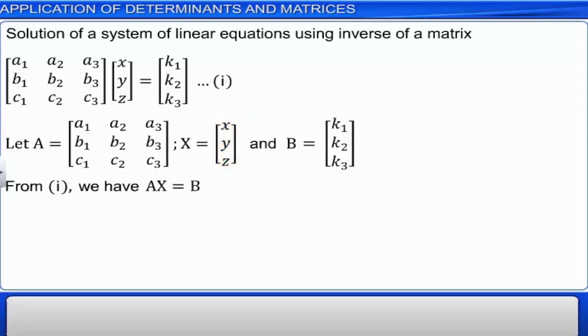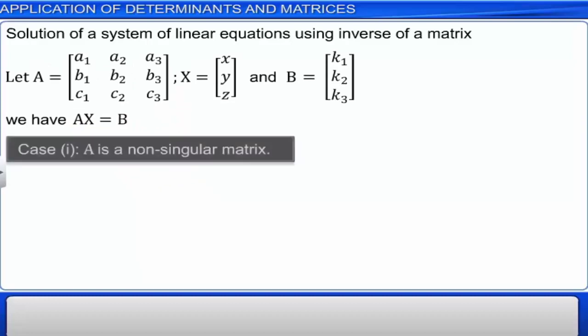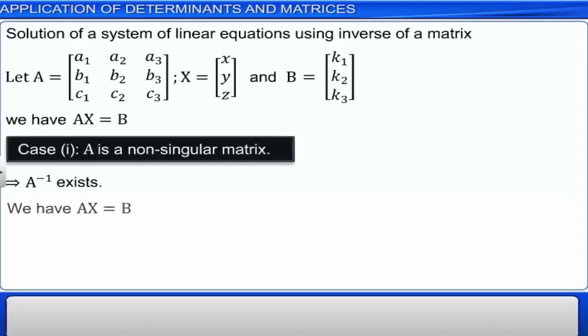2 cases arise while solving this equation. The first case is if the coefficient matrix A is non-singular. If A is a non-singular matrix, then A inverse exists. Multiply both the sides of the equation AX = B by A inverse. We get the equation as shown.